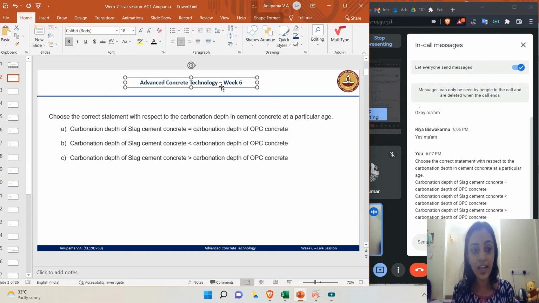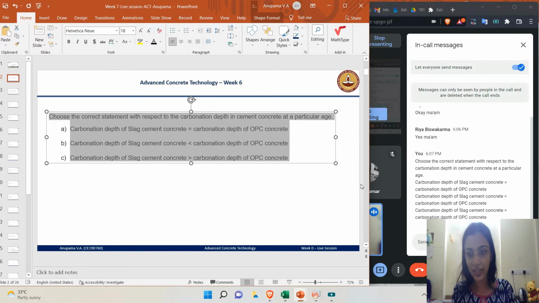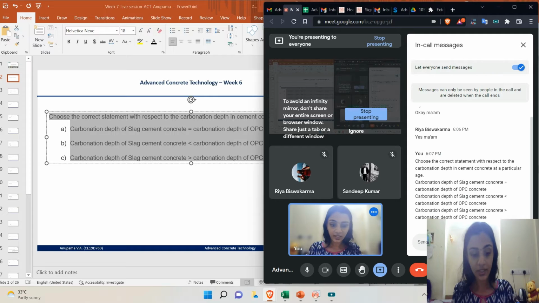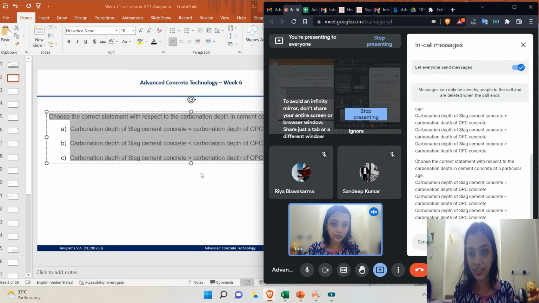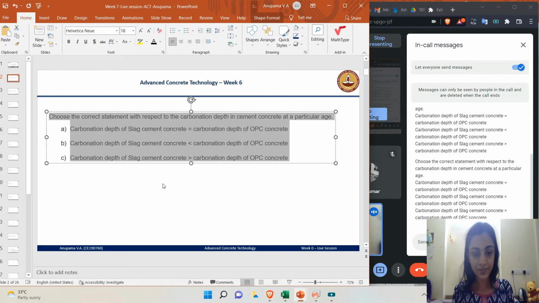What is the difference in the carbonation depth of slag cement concrete and OPC concrete? I'll post this question in the chat box. You have to choose the correct statement.